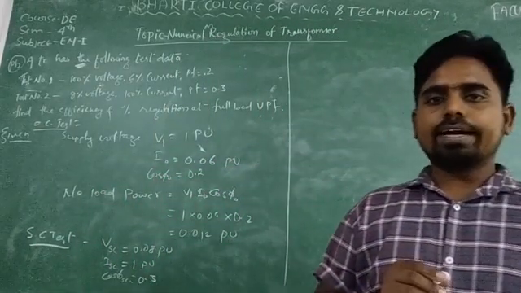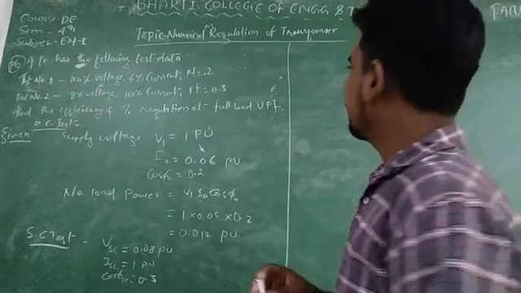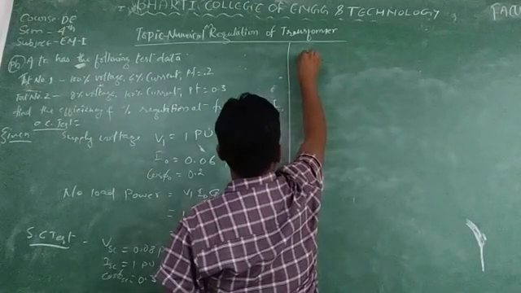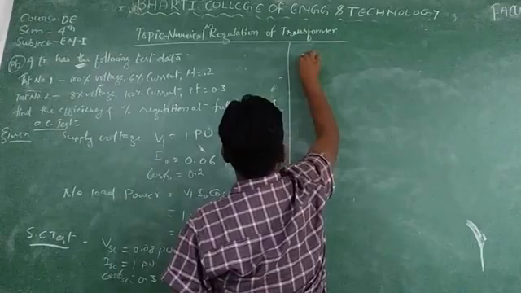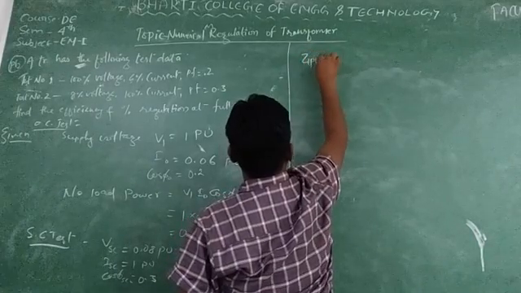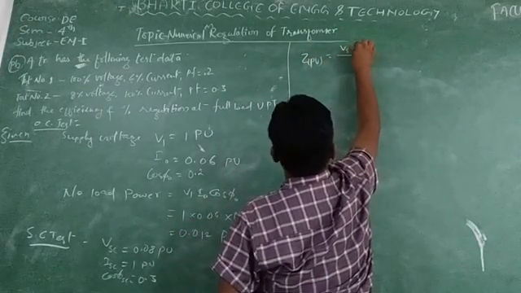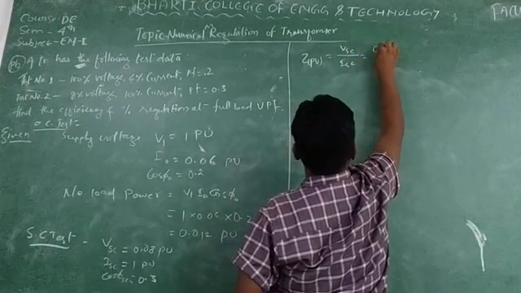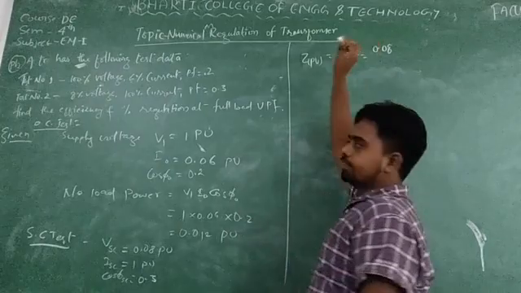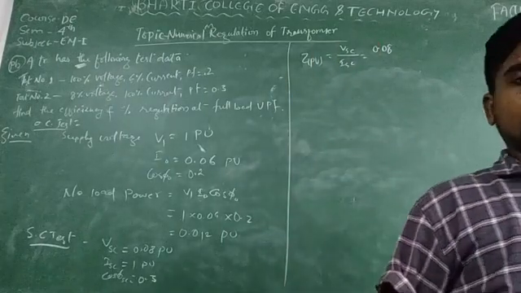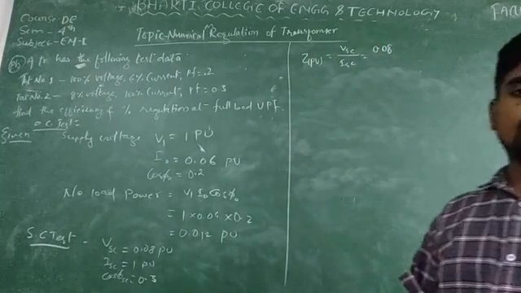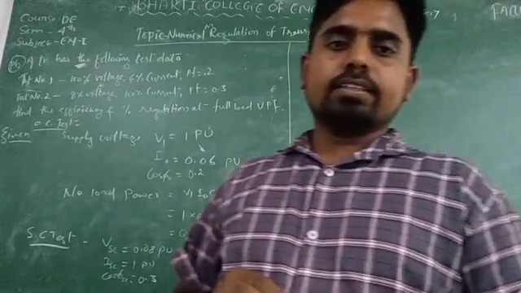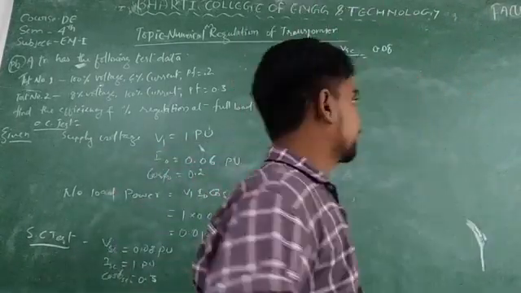Now we can find the per unit impedance. It is VSC upon ISC, which is 0.08. So the per unit impedance is 0.08. Now we can find cos phi SC.